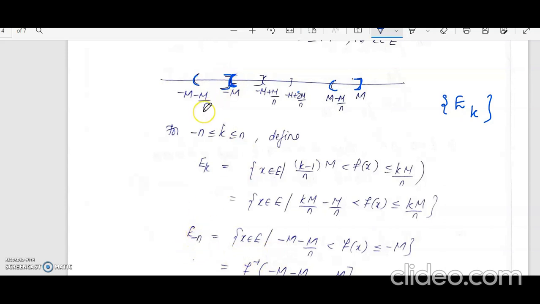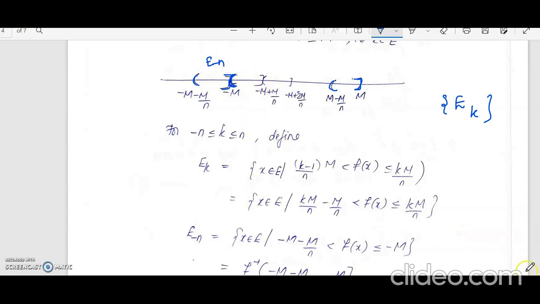So E minus n will be, when k is equal to minus n, we will get -m - m/n < f(x) < -m. So that will be this first interval. This will be E minus n.